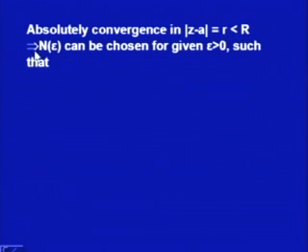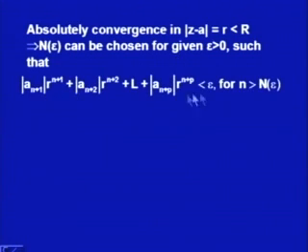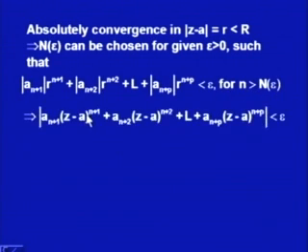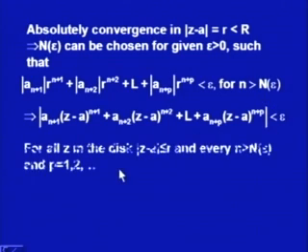So, for a given epsilon positive, n_epsilon can be chosen such that this condition is satisfied for n greater than n_epsilon. That means we can find n such that this condition is satisfied.